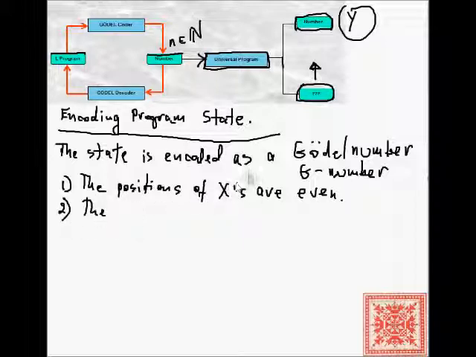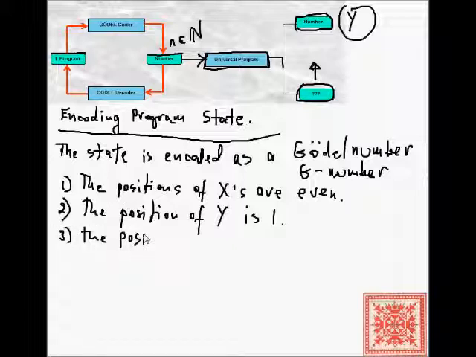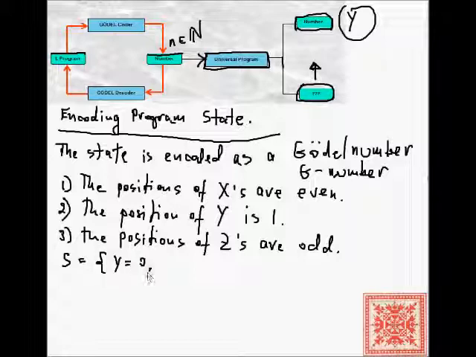And the position of y, which is the output variable, is 1. And finally, the positions of the z's, which are internal variables of L programs, are odd. It's just a convention that Davis, Weyuker, and Sigal adopt in their text. So we will follow the same convention.